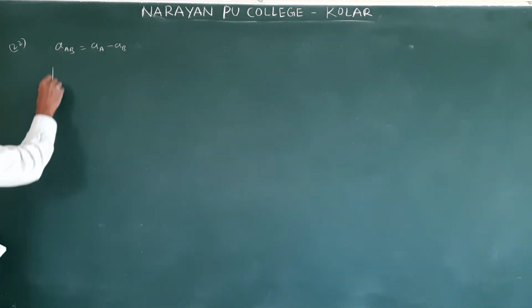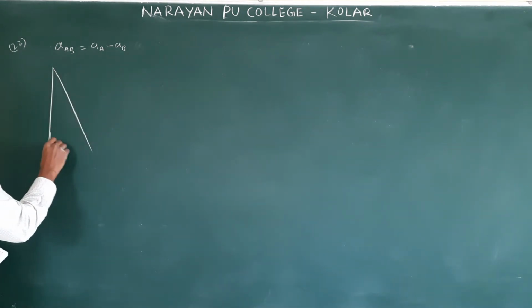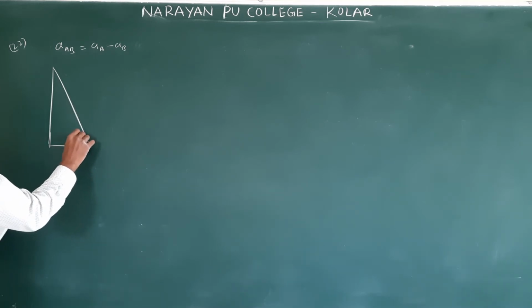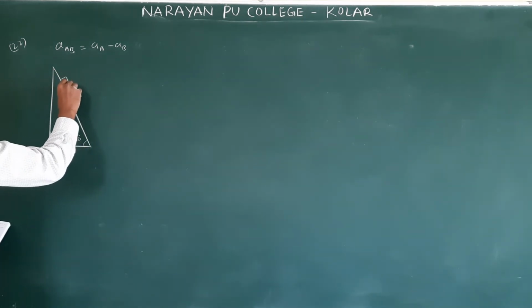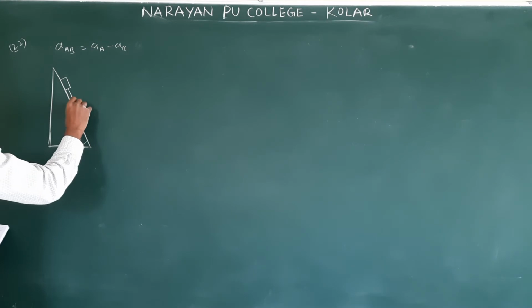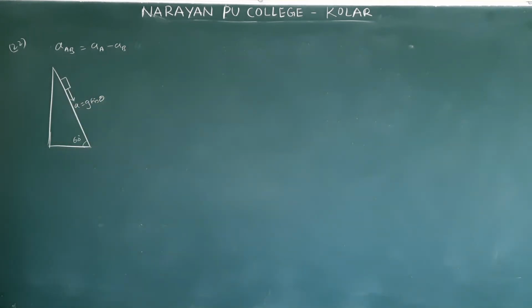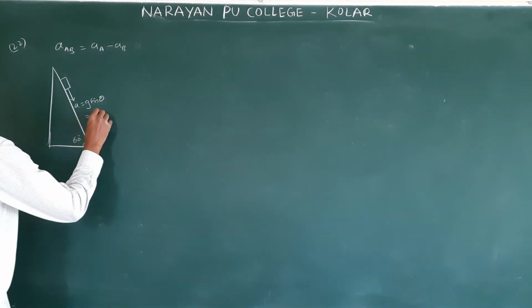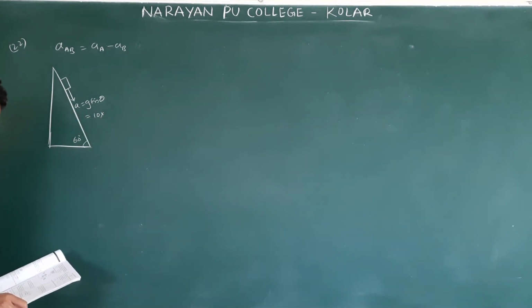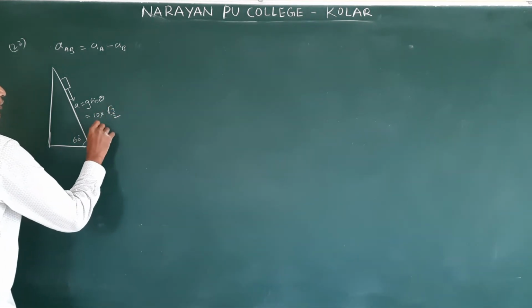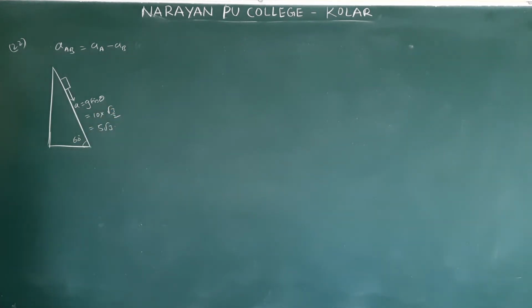They have given an inclined plane like this, right? So this is 60 degree. Along this, what is the acceleration? a is equal to g sin theta, right? So 10 into sin 60, root 3 by 2. This is 5 root 3. But they are asking for the vertical acceleration.